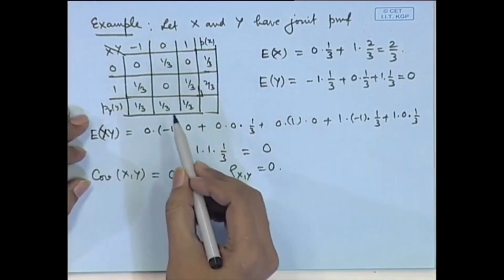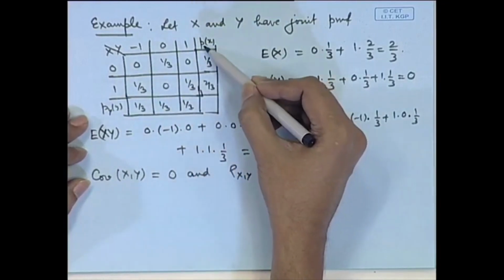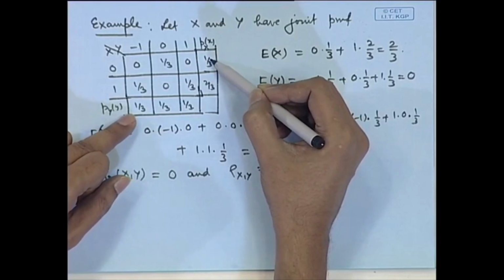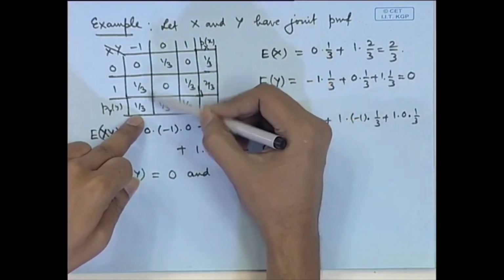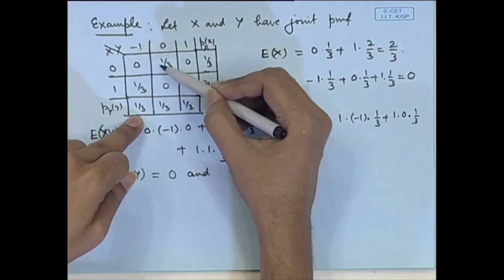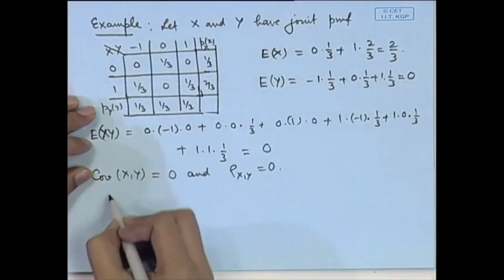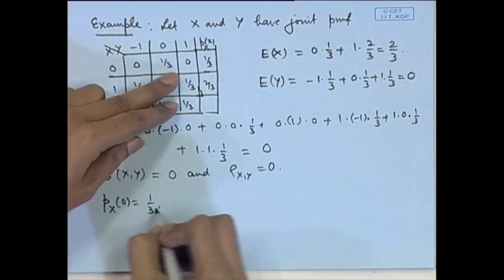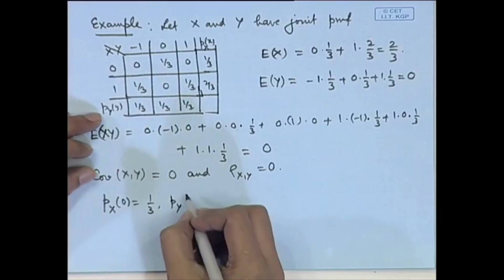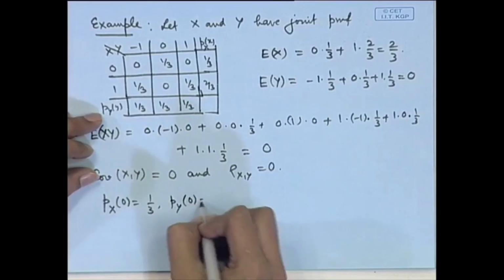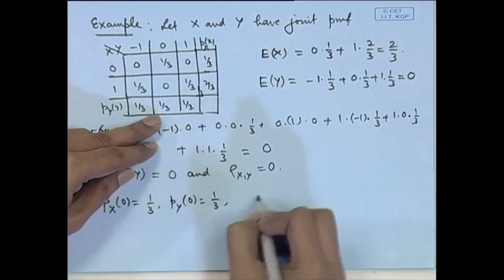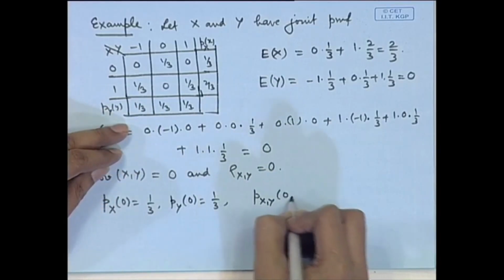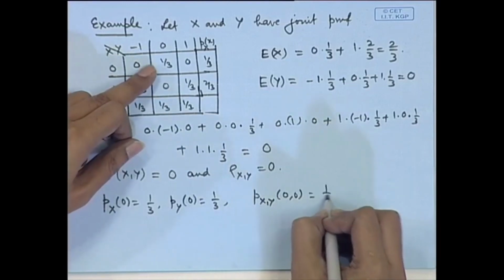But we can see here that the product of the marginal distributions, for example, p x 0 is 1 by 3 and p y 0 is 1 by 3, but if we consider p x y 0 0, that is also 1 by 3.